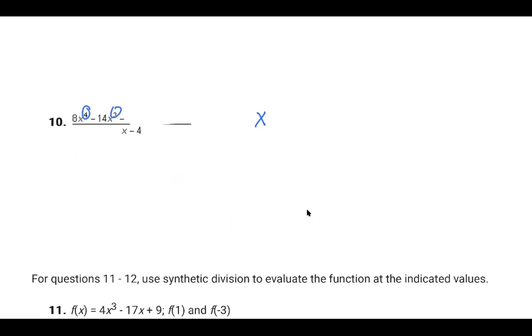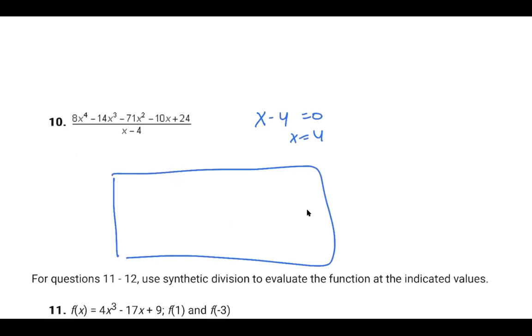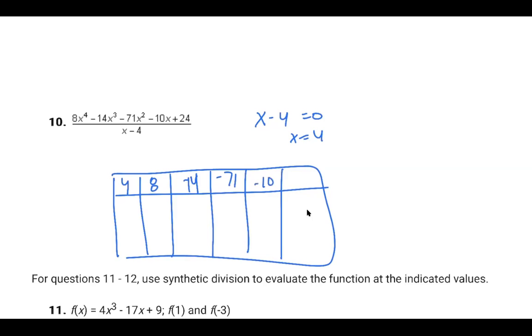Then next is I solve for my divisor. So x minus 4 is equal to 0. So x is equal to 4. So when I set this up, I put 4 in my upper left-hand corner. And then I write all my coefficients. 8, negative 14, negative 71, negative 10, positive 24.